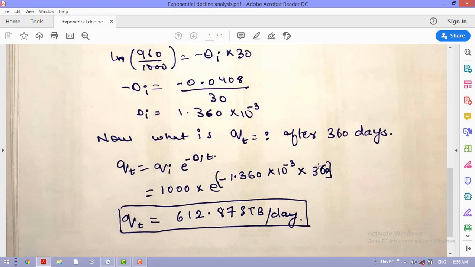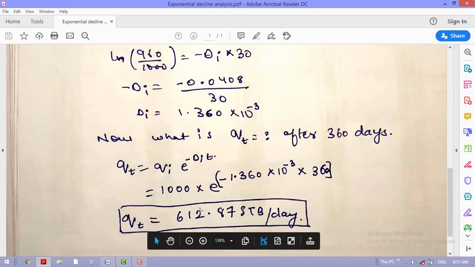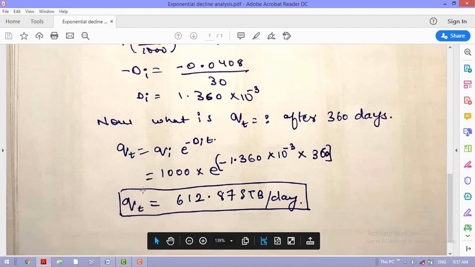Once I simplify this, you can even use your calculator. The production rate after 360 days is 612.87 STB per day.